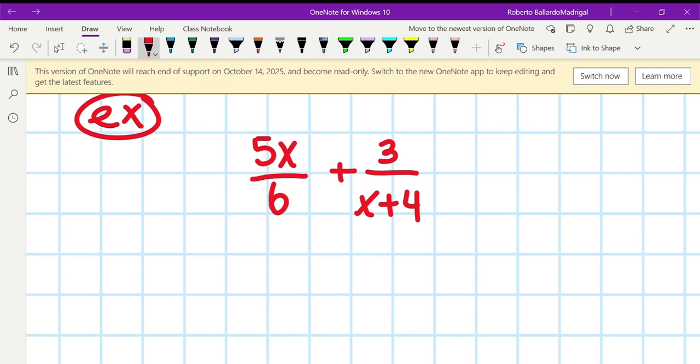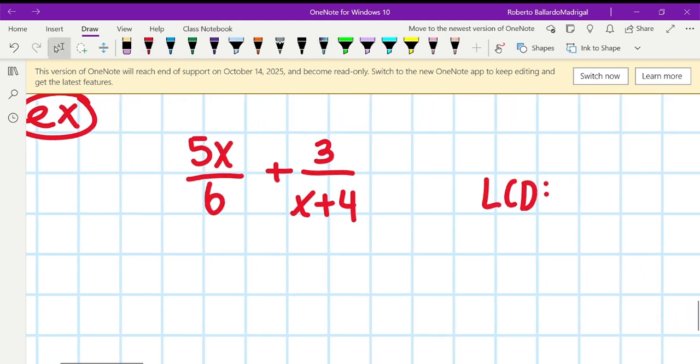Like I said, you can't find the multiple between 6 and x plus 4, but you could put everything together just by multiplying it out. So the LCD then becomes the product of 6 and x plus 4. So that means we want the bottom to have a 6 times x plus 4.